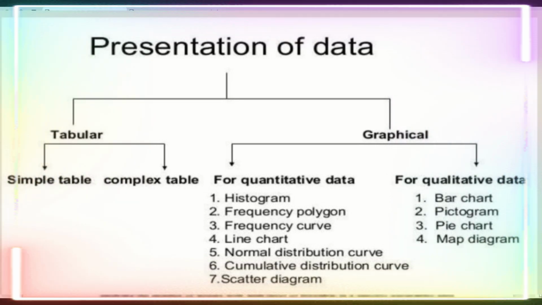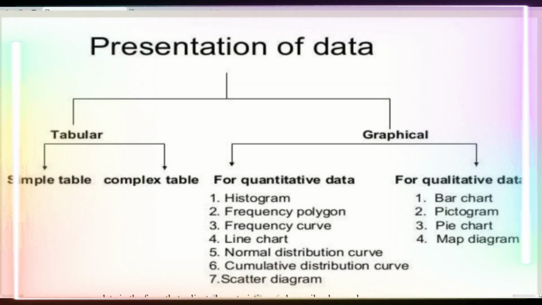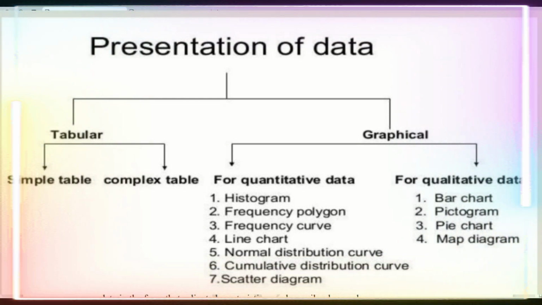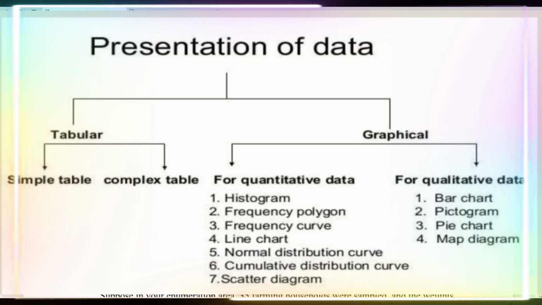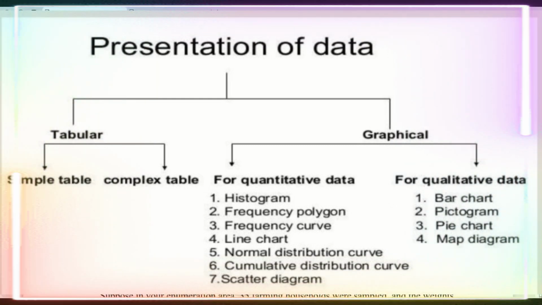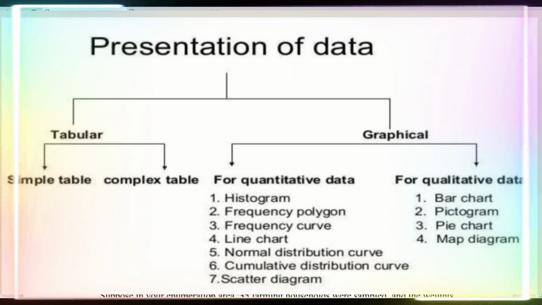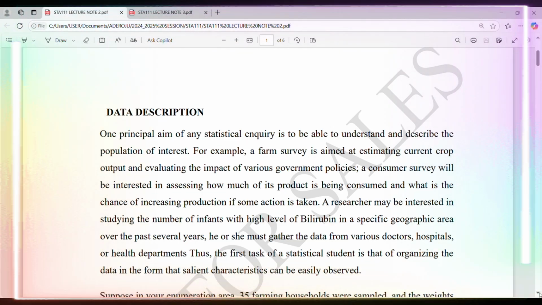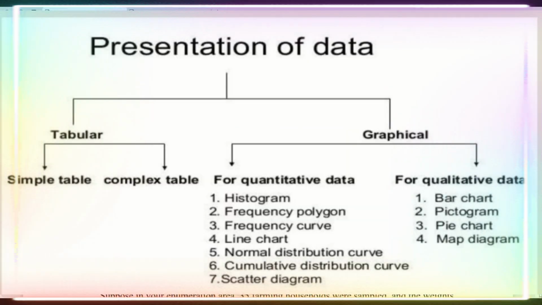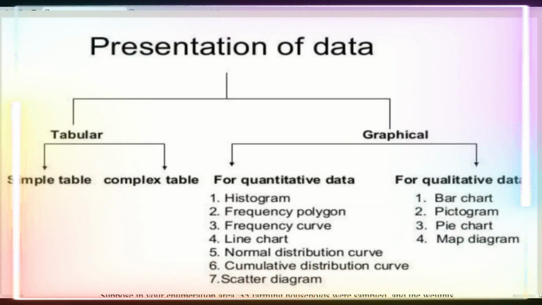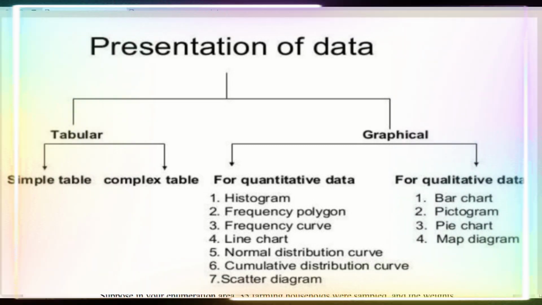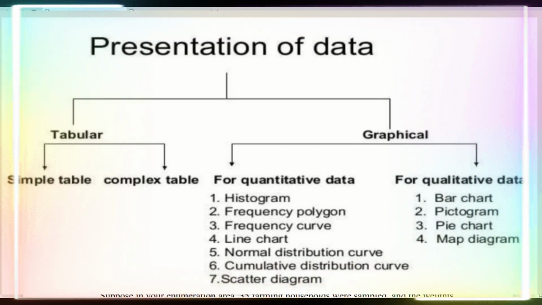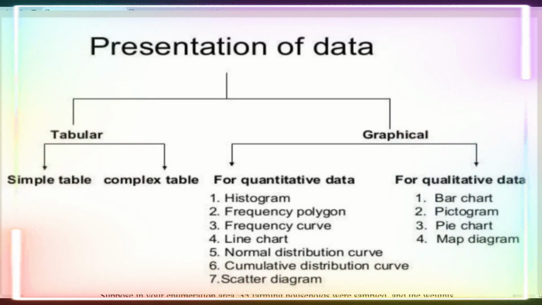So let's start by discussing the principal aim of any statistical inquiry, which is to enable us to understand and describe the population of interest. And we have examples stated here. For example, a farm survey, which is aimed to estimate current crop output and evaluating the impact of various government policies.